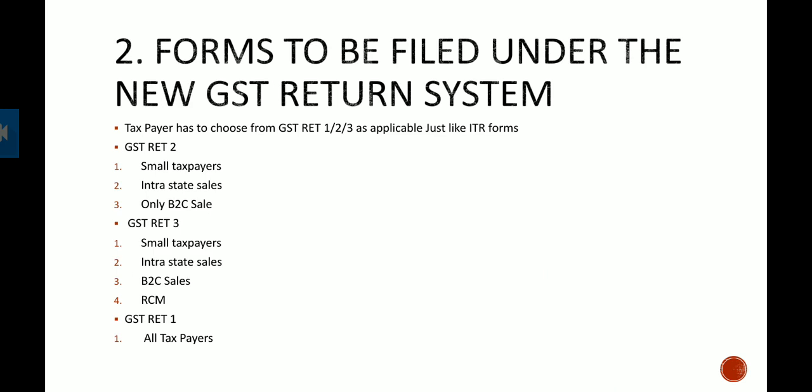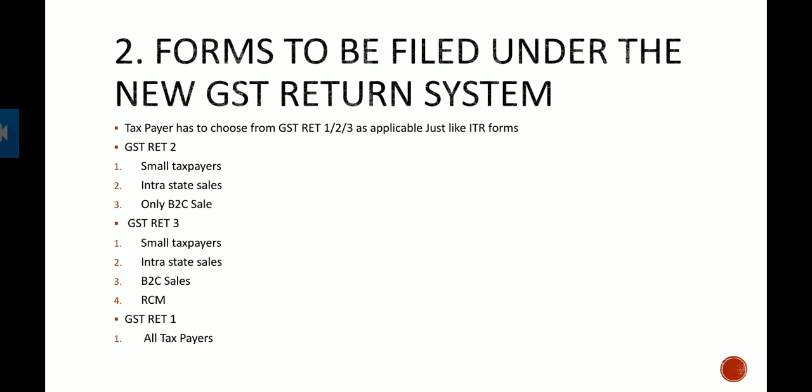Now we are going to know about the forms. First of all, GST RET 2. GST RET 2 is applicable to small taxpayers having intrastate sales which are only B2C sales.